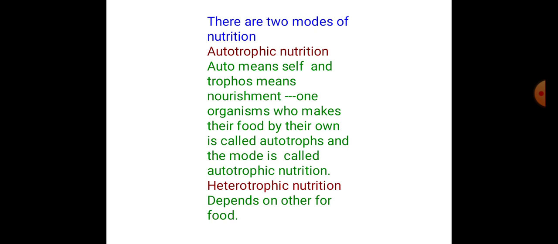The process by which plants make their food, by which plants make their food on their own and catch sun energy, is called photosynthesis. Now we are going to learn about photosynthesis in detail.